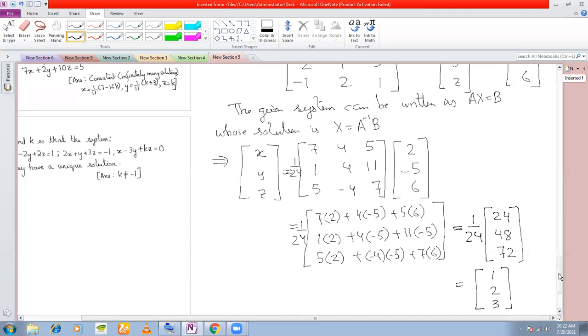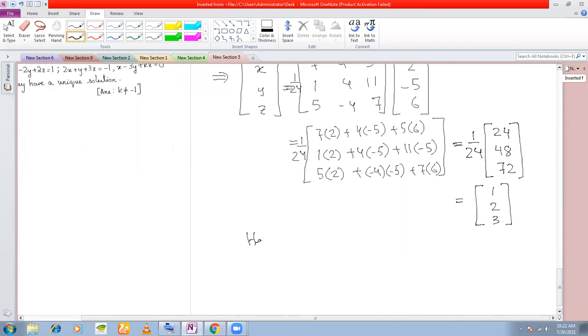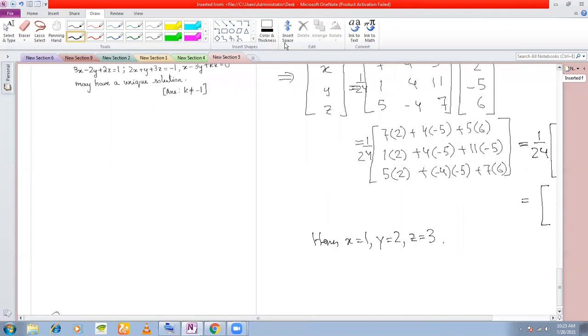So what are the values of X, Y, and Z? 1, 2, and 3. Hence X is equal to 1, Y is equal to 2, and Z is equal to 3 is the required solution. Fine. Any question till this part? No, sir. No question. Fine. So I'll stop here then.